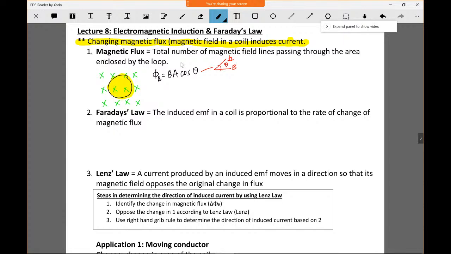It refers to the total number of magnetic field lines that pass through a coil.